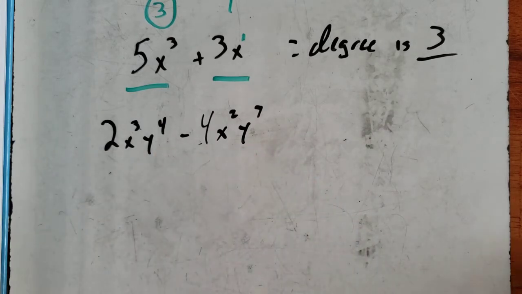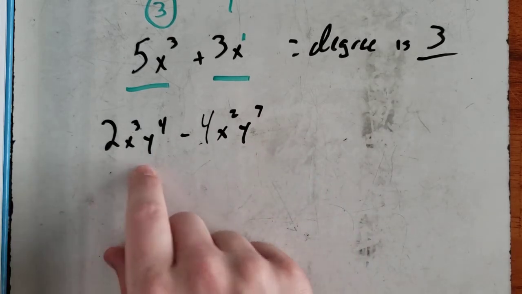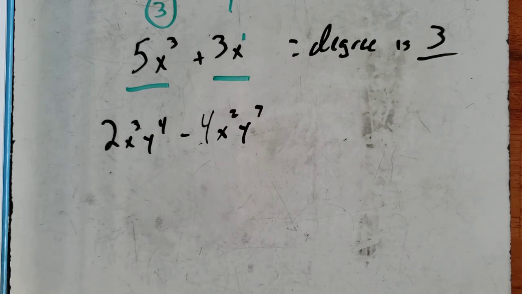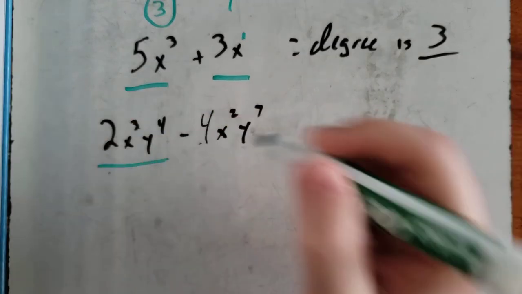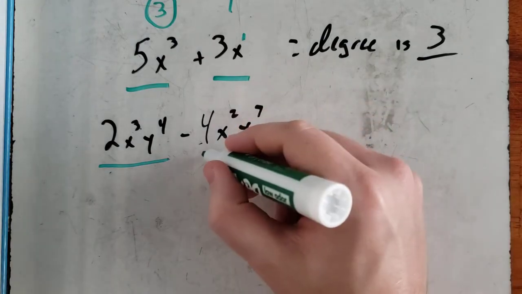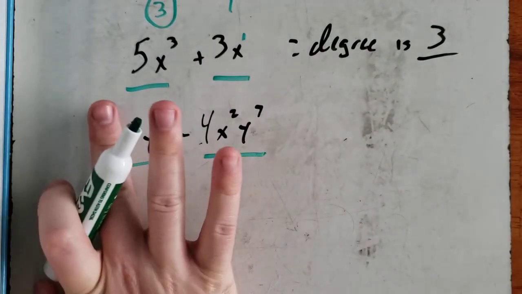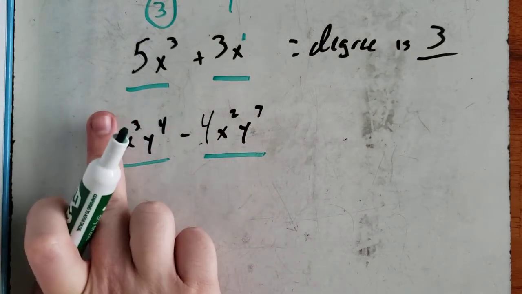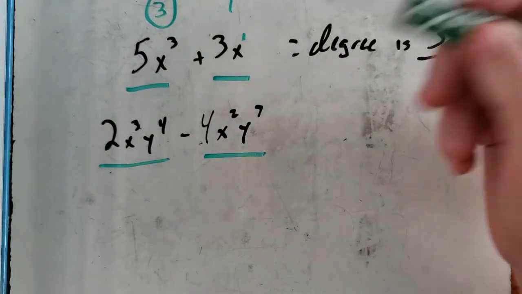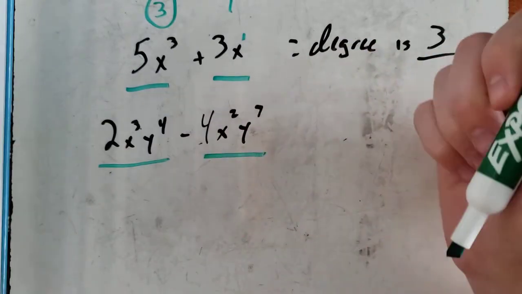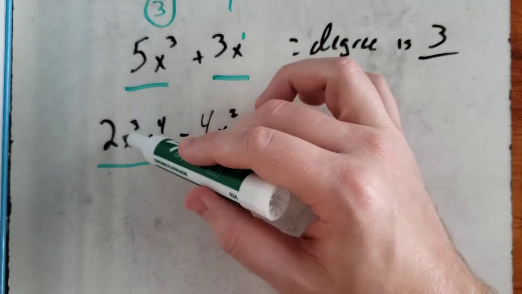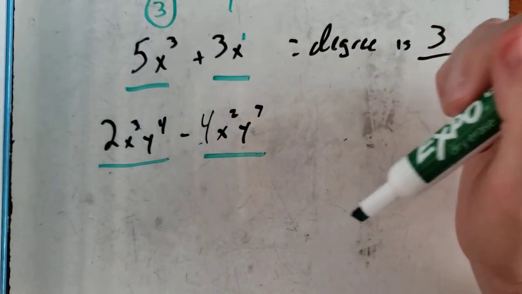So once again, we have two terms. We have our 2x to the third, y to the fourth, and then we have our 4x squared, y to the seventh. Remember, we're not looking at the numbers, only at our variables and their exponents.